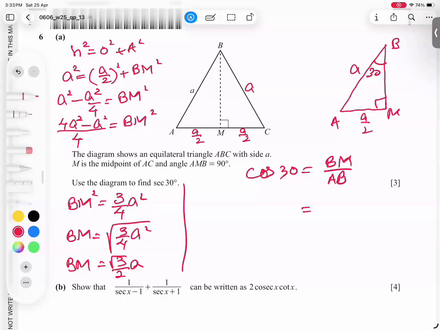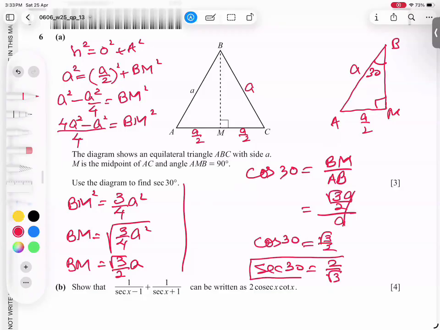And BM I have here: root 3 A by 2, and AB value is A. So the A cancels, we got root 3 over 2 for cos 30. Then what is sec 30, students? Sec 30 will flip: 2 up and root 3 down. I hope the concept of the question is completely clear. Let me check again. Yes, I think this is correct working.